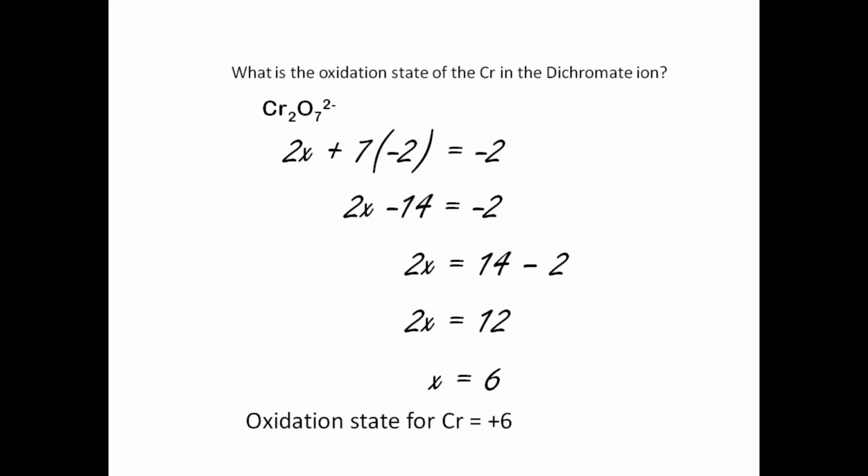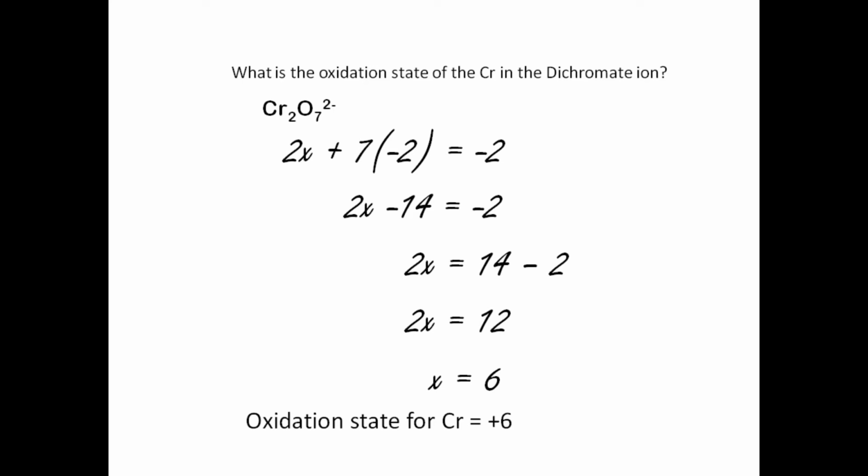The first example is the dichromate ion. The question is, what is the oxidation state of chromium in the dichromate ion? The dichromate ion has the formula Cr2O7 2-, and we want to find the oxidation state of the chromium in this polyatomic ion.